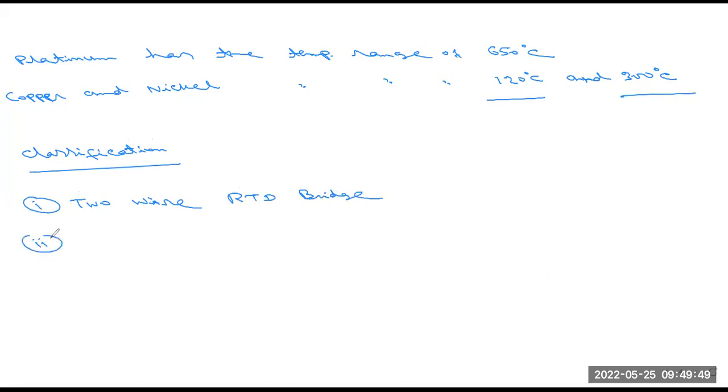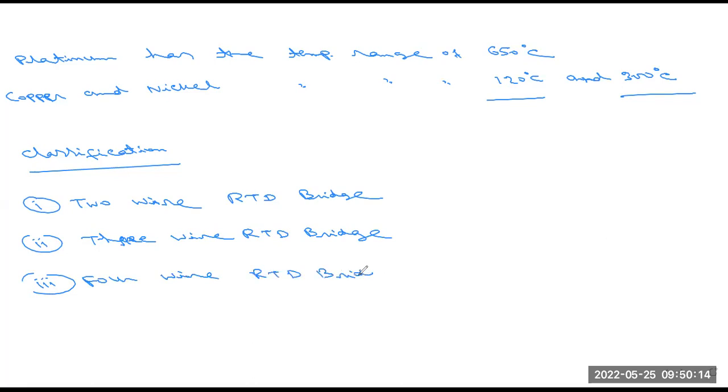Number two, the three-wire RTD bridge. And number three is the four-wire RTD bridge. So this is the classification of the different RTD circuits: two-wire RTD bridge, three-wire RTD bridge, and four-wire RTD bridge.